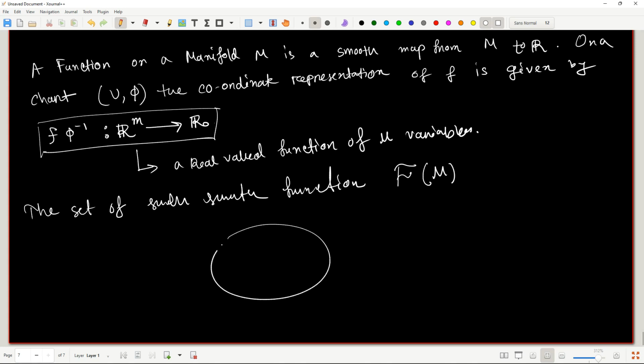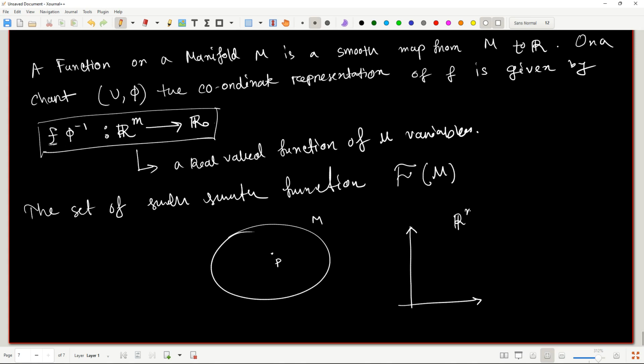Let's say this is my manifold M. This is the local coordinates. You can take any point P, and since we defined a function as something that takes a point from the manifold and maps it to a real number, right? And we are defining it through that function itself with the composition of the inverse of the local homeomorphism.